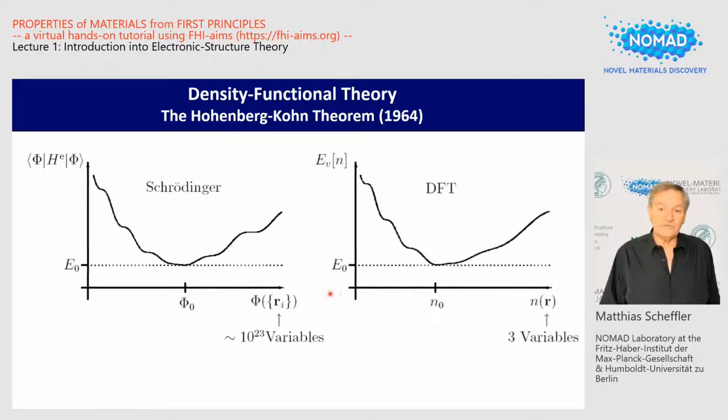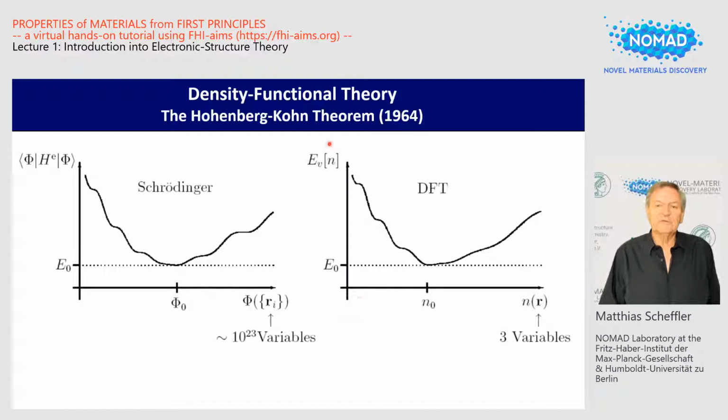In density functional theory, this is simplified, it's transformed into a variation with respect to the density. And again, the density only depends on x, y, and z, and for the right density, I find the same minimum.